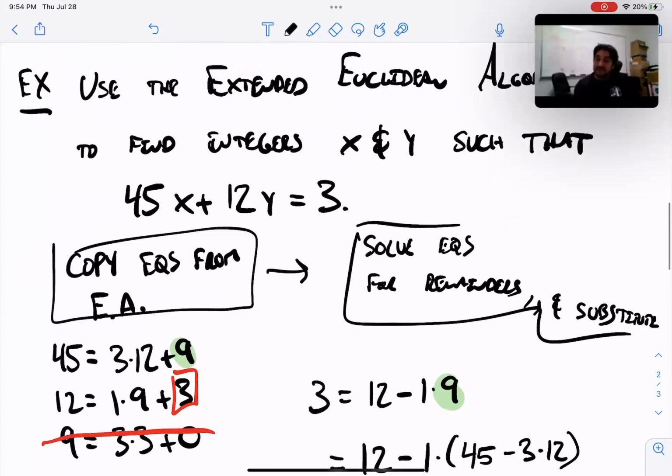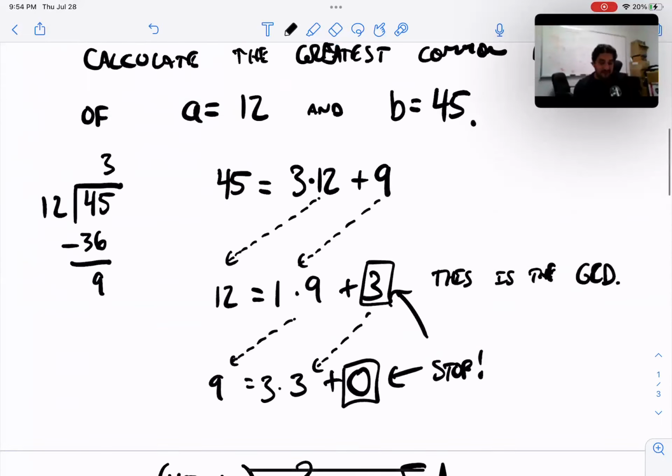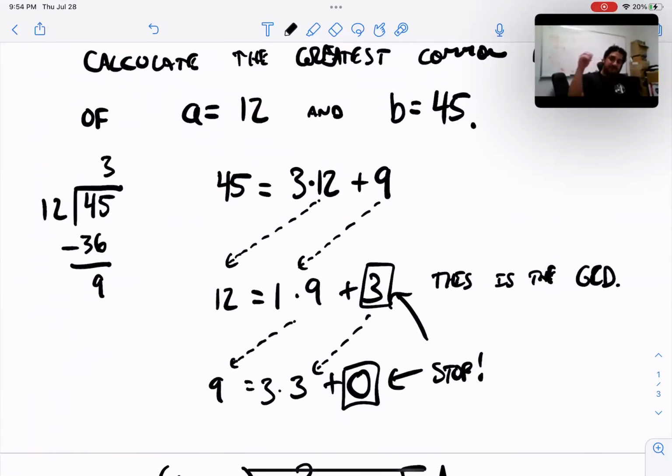Right? So that is our extended Euclidean algorithm, right? So the Euclidean algorithm is just repeatedly doing long division, over and over again, starting with your original numbers and then passing off the remainder and the divisor each time as the starting numbers on the next step, right?